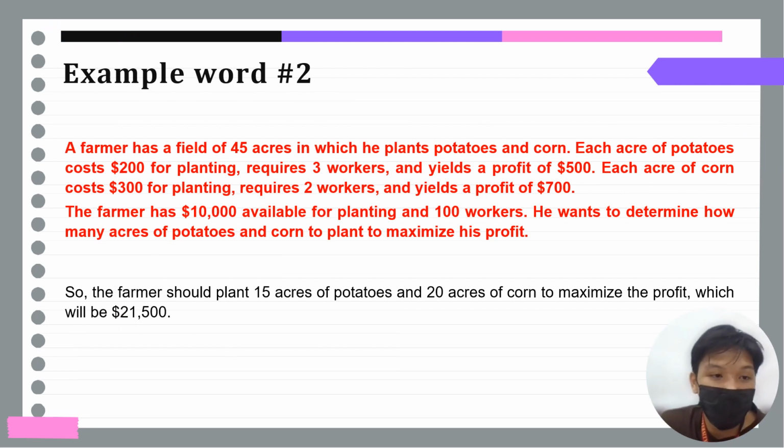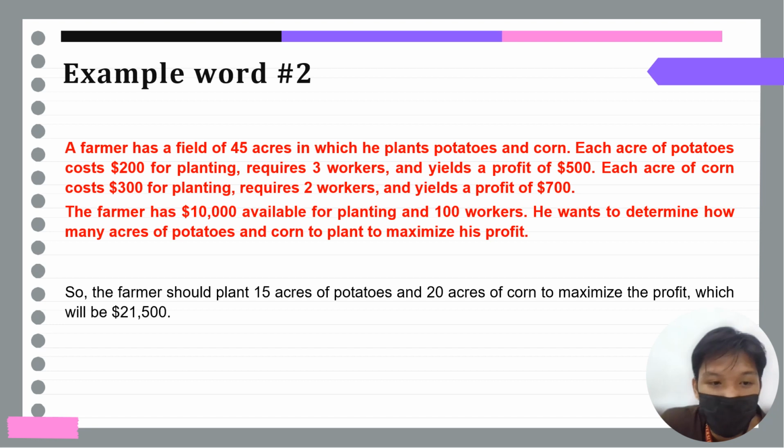As in our problem earlier, a farmer has a field of 45 acres in which he plants potatoes and corn. Each acre of potatoes costs $200 for planting, requires 3 workers, and yields a profit of $500. Each acre of corn costs $300 for planting, requires 2 workers, and yields a profit of $700.